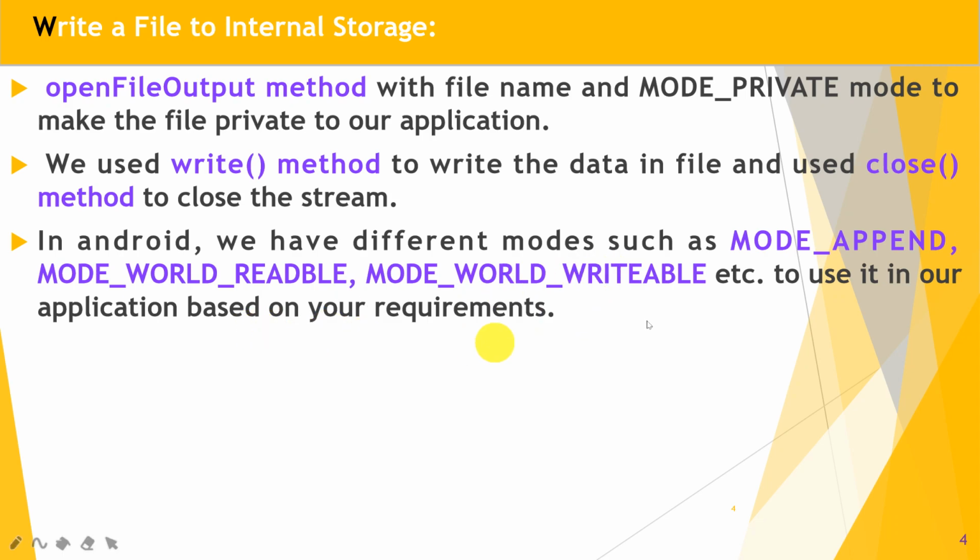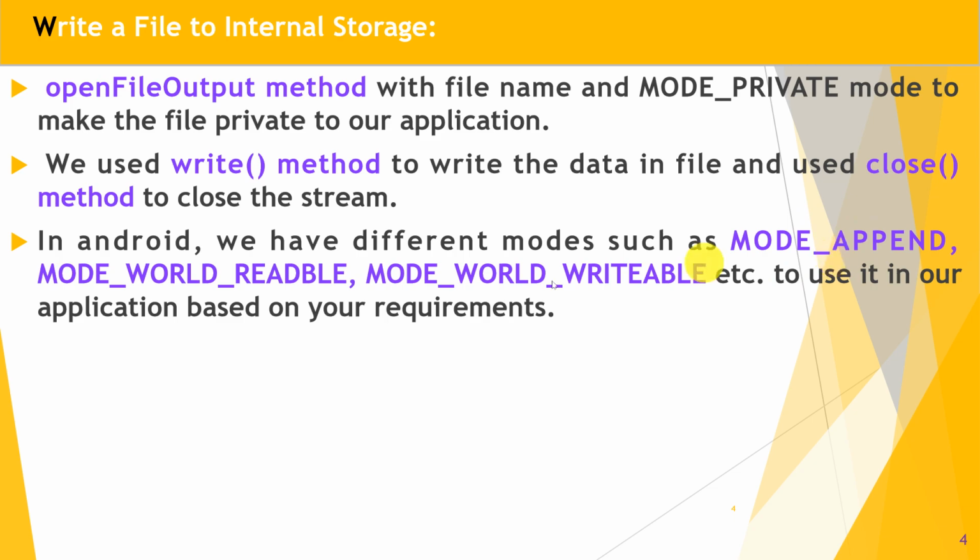So mode append means whenever we again open the file in output mode, the data is appended in the file, but if this mode is not present, then automatically the previous file data is erased and the file is opened in the new clear mode. Great.